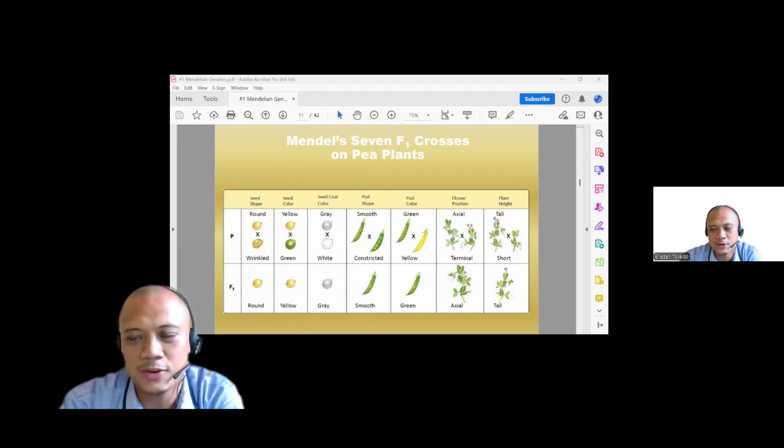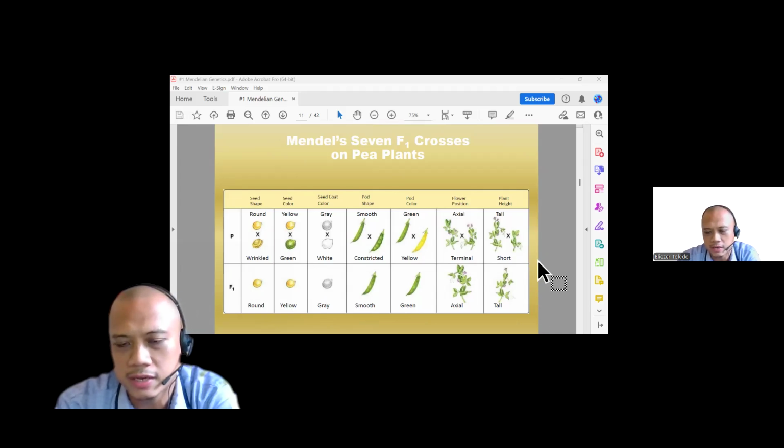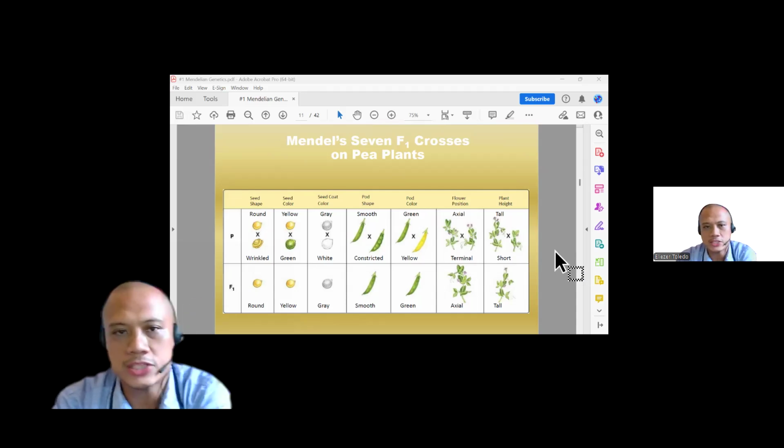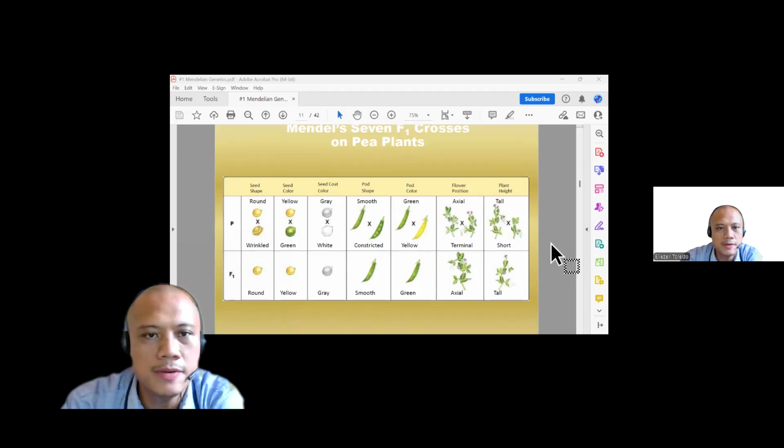Okay, so it is not a hypothesis that you're going to be making, but this is an obvious answer of what happened to the other traits and how would you define the other traits that were not expressed during the F1 stage. Okay, let's move on.